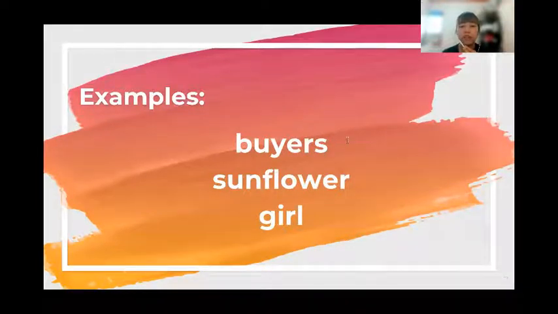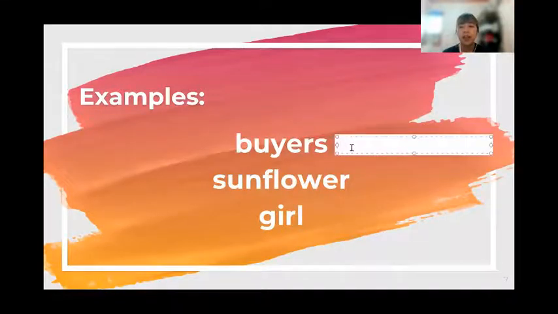So for example, for the first one, we have here buyers. In buyers we have 3 morphemes. Why 3? First, we have the base form. Since we said that morphemes are the smallest meaning-bearing units of language, what composes the word buyers?